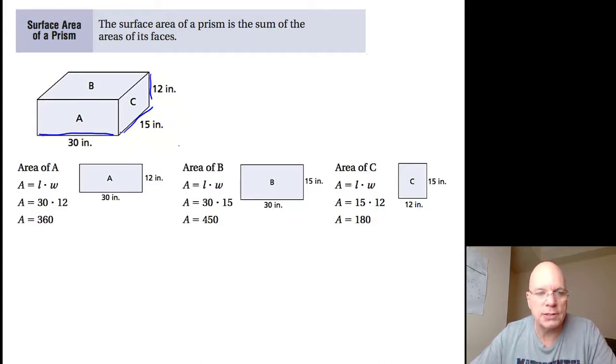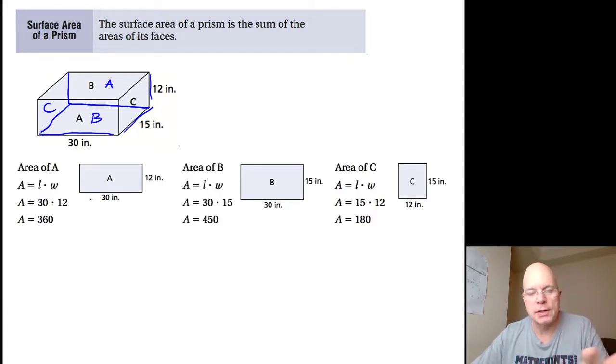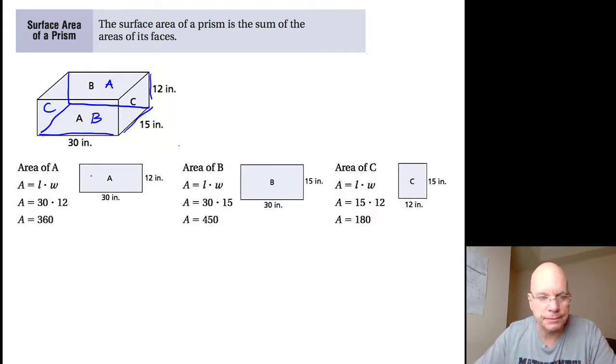And so the way you find surface area is you label the different faces. Here they've labeled them A, B, and C. I've got another face back here that I could also label A, and then there's another face over here we could label C, and there's another B on the bottom. But since they're congruent, we only need to really consider one of them, and then we'll take into account the fact that there are 2 congruent faces with these dimensions when we calculate surface area.